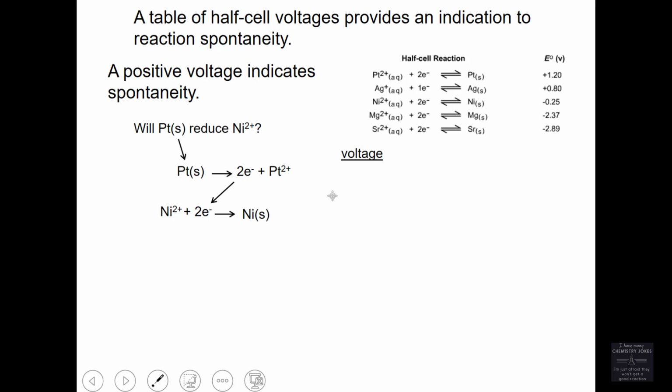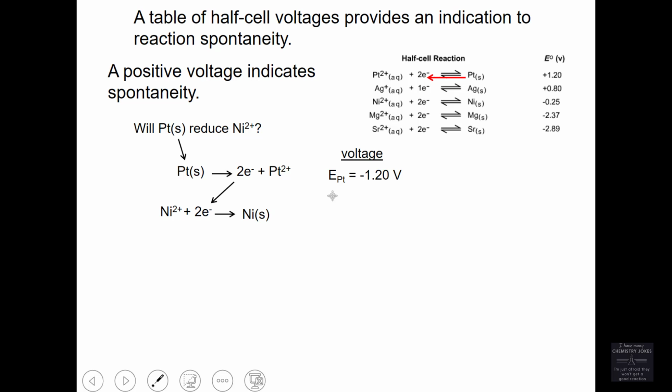If I look at the voltage from my reduction potential table, note that I wrote the oxidation equation for platinum here, which is the reverse of this top reaction. So I need to change the sign of my reduction potential. The reduction potential of platinum is positive 1.2.